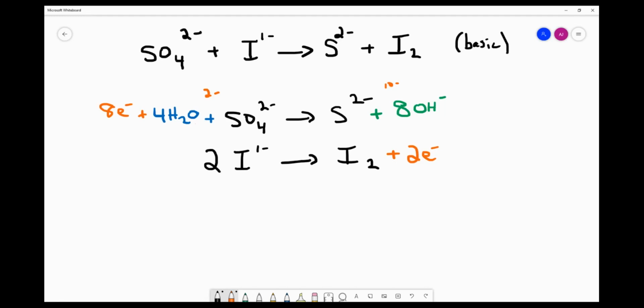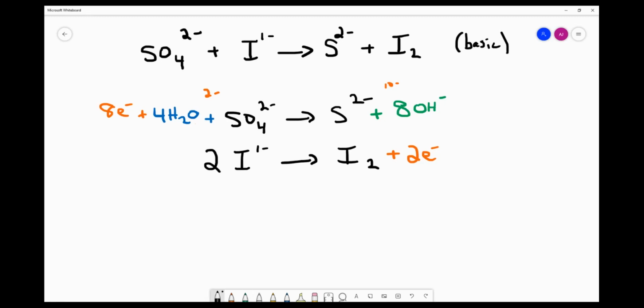The final steps are going to be the same as in balancing in an acidic solution. We are going to make the electrons lost equal to the electrons gained, and then sum the two reactions and cancel the spectators. Pause the video right now and see if you can do those steps on your own. And when you're ready, start the video again and see what we get.